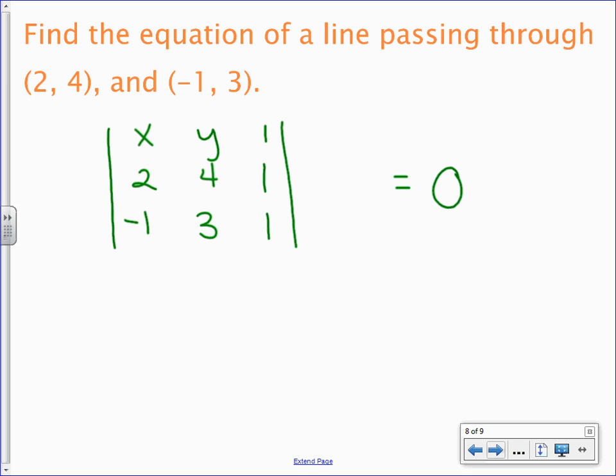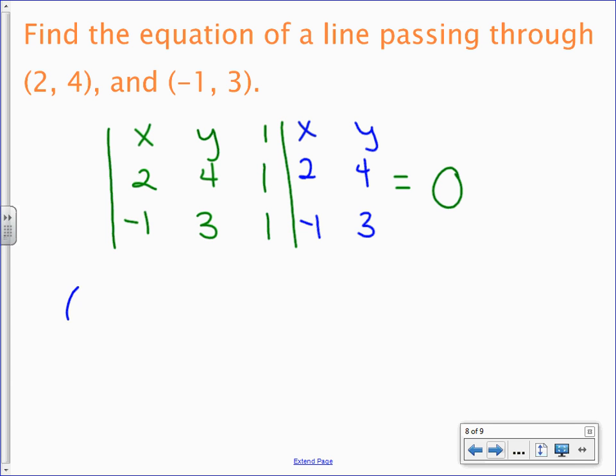Alright, so we're going to go ahead and find the determinant. Yes, I know we have variables. That's going to be okay. Alright, still going to be the same process. We're going to repeat our 2 columns over here, and we're going to take our diagonals to find our determinant.